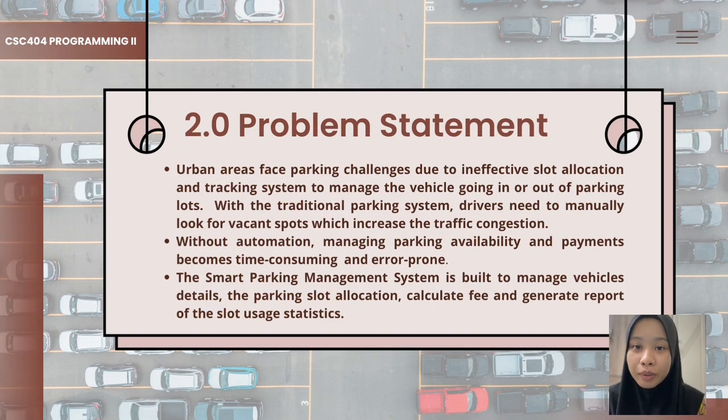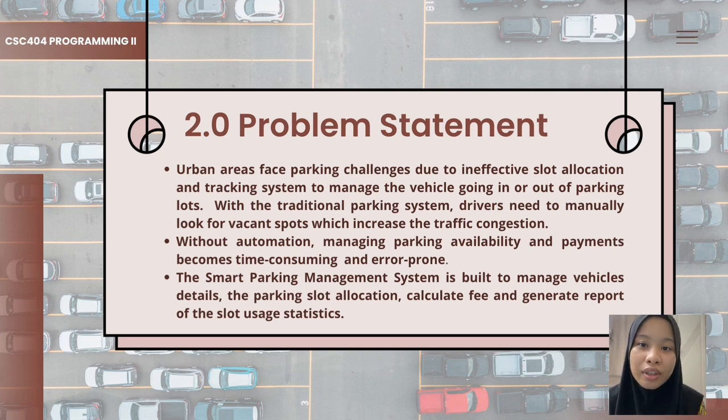Moving on to section 2, let's look at the core problem statement that drove the development of our project. Firstly, the core challenge. Urban areas constantly face massive parking challenges, primarily due to ineffective slot allocation and tracking systems to manage vehicles entering or exiting parking slots. In traditional parking environments, drivers are forced to manually cruise around looking at vacant spots, which directly increases unnecessary traffic congestion.